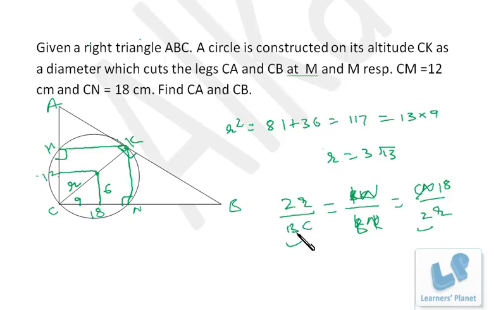Now from this and this we can calculate BC, right? 2R into 2R is 4R square. So 4 into R square will be 13 into 9, is equal to 18 BC. Okay, 4R square is equal to 18 BC. 4R square is 13 into 9, is equal to 18 BC. So BC is 26. Okay.